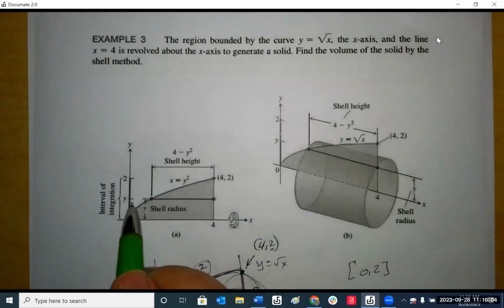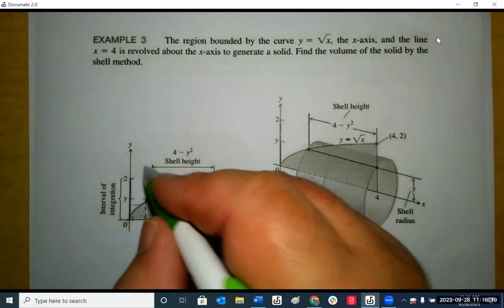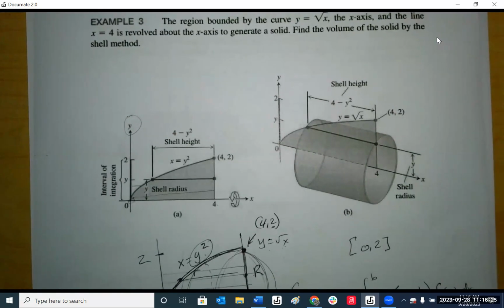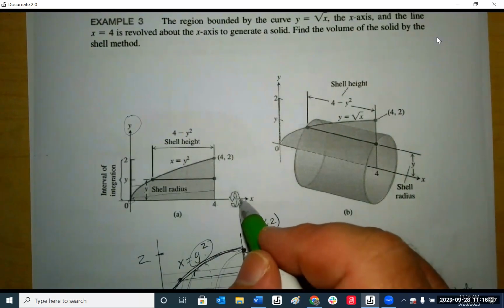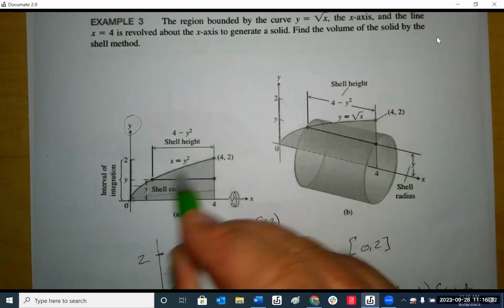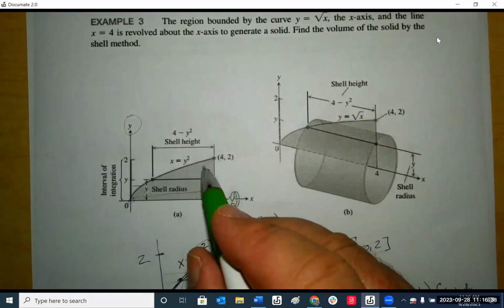Since this is our beginning point, our outer is 4, and the inner is the function itself, since we are integrating with respect to y. If we were integrating with respect to x, our inner would be 0, our outer would be the square root of x.